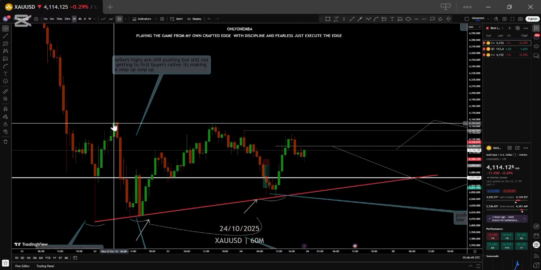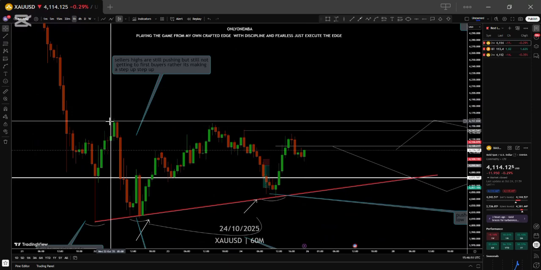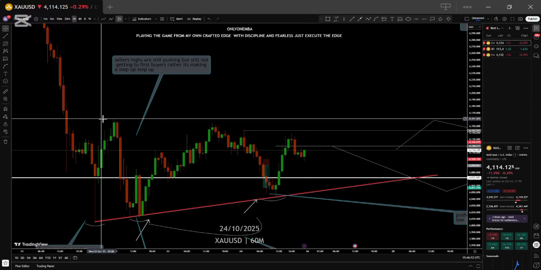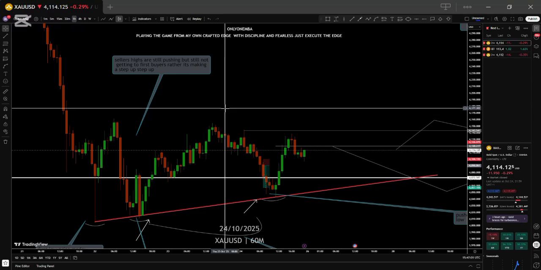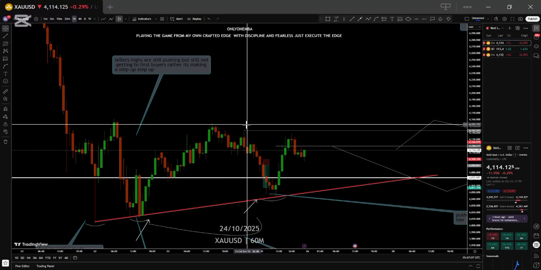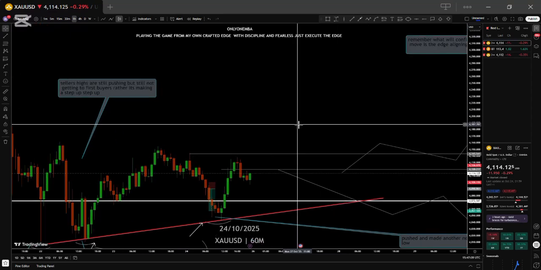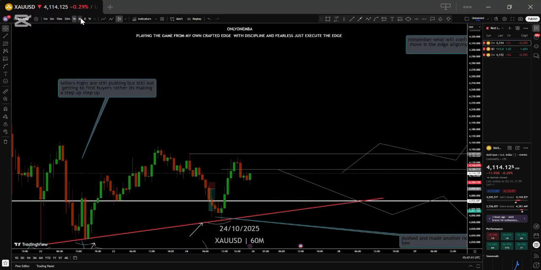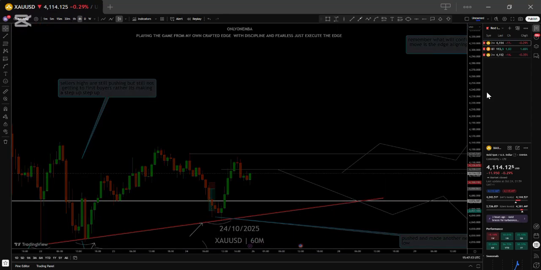If market breaks above 4,161,700, there's a tendency for what? Momentum to the upside. All right, possibly, but I don't know.